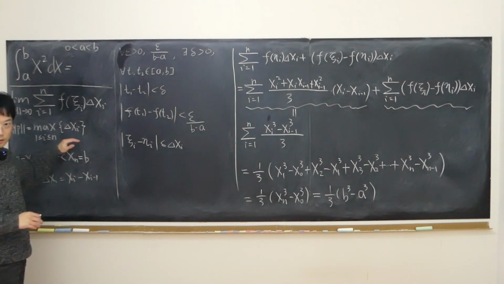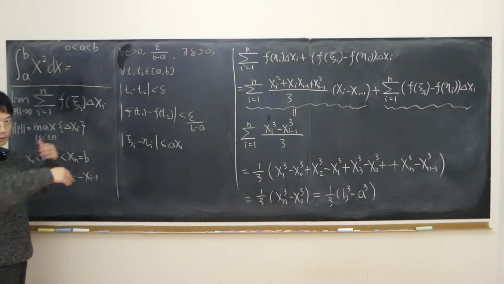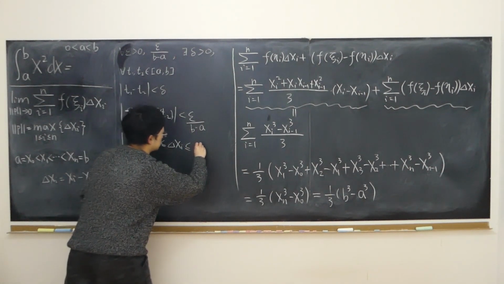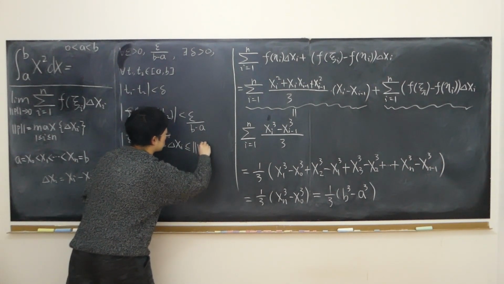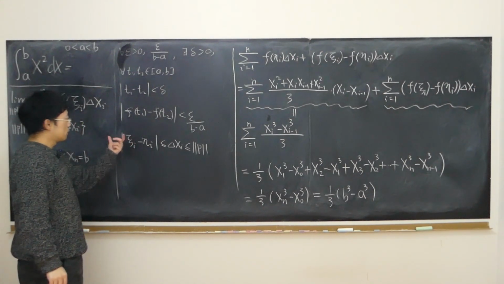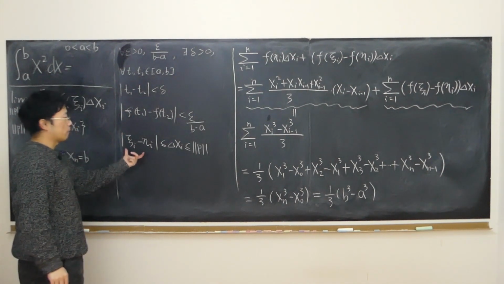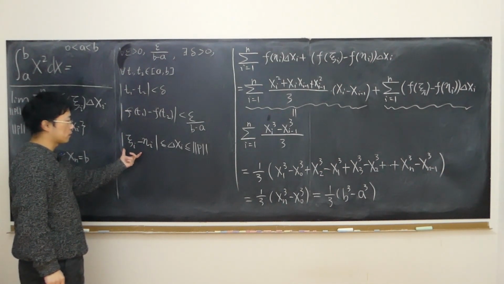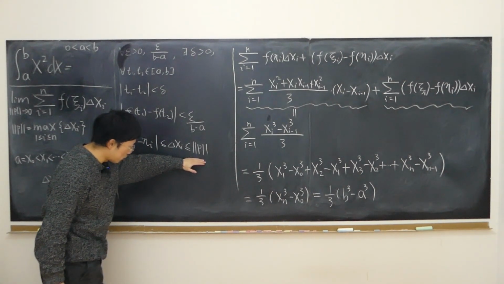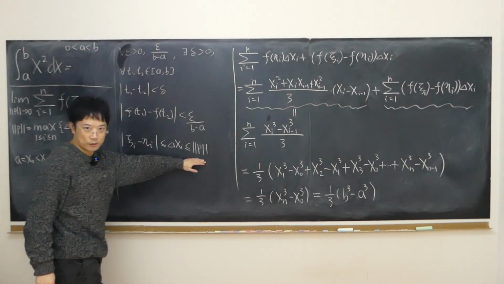The longest interval out of all the small intervals. So no larger than the norm of the partition. So in order to make sure that those two points are close enough, I just have to make sure that the norm of the partition is small enough. How small? Smaller than delta.